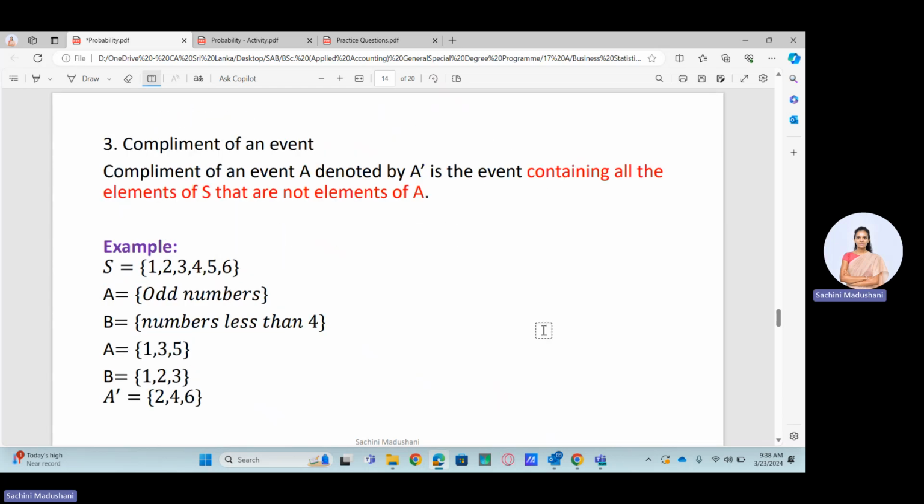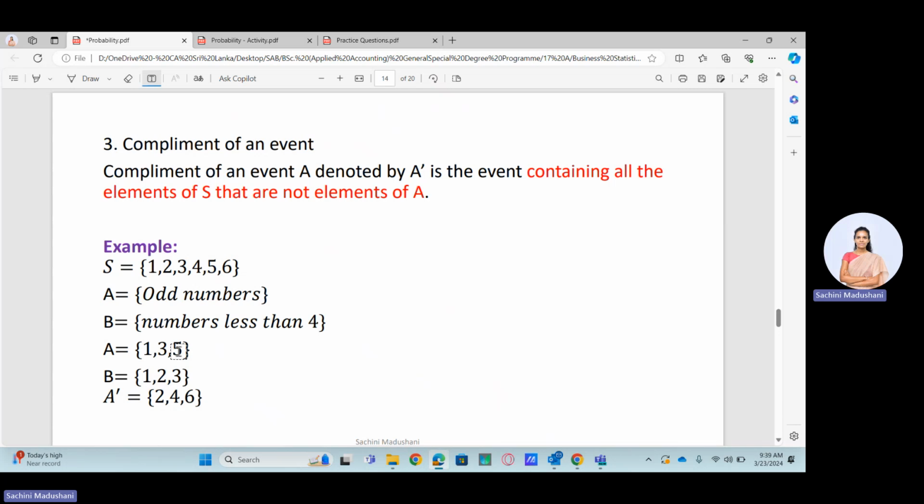Then the other one is the complement of an event. Think we need to get the complement of event A. The complement of event A contains all the elements of the sample space that are not included in event A. Here, event A is odd numbers. What are the odd numbers? 1, 3, 5.